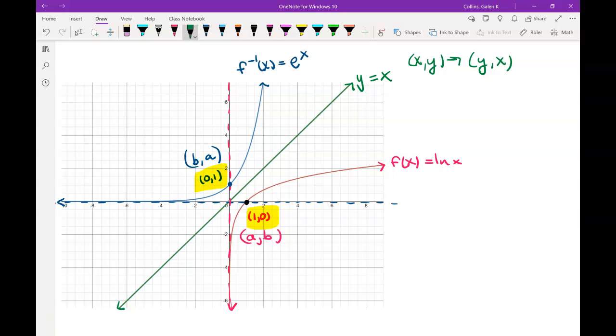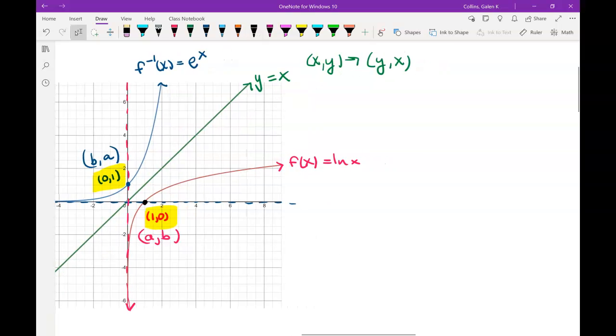So I want to go back to that property about them being compositions of each other. If you recall, that means f composed with its inverse of x should yield x. In this case, the natural log composed with e to the x is in fact x.